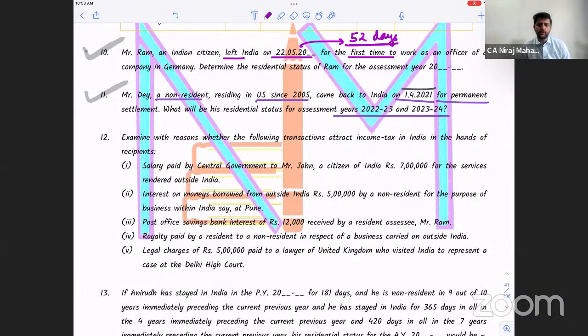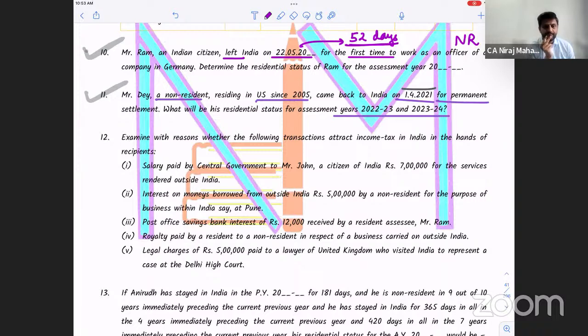First of all, basic condition number 2 is not applicable. Basic condition number 1, no scope of getting attracted with 182 days. Directly, what is the answer? NR. I'm not discussing it now, but you can write this down carefully: basic condition number 2, is it not satisfied or not applicable?